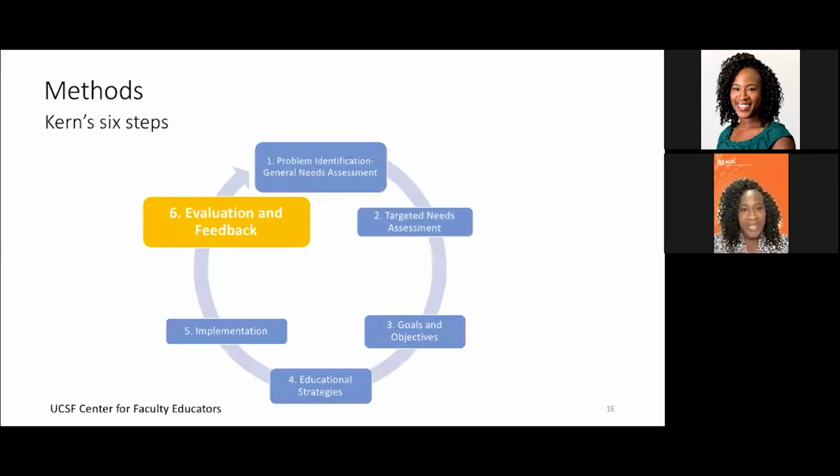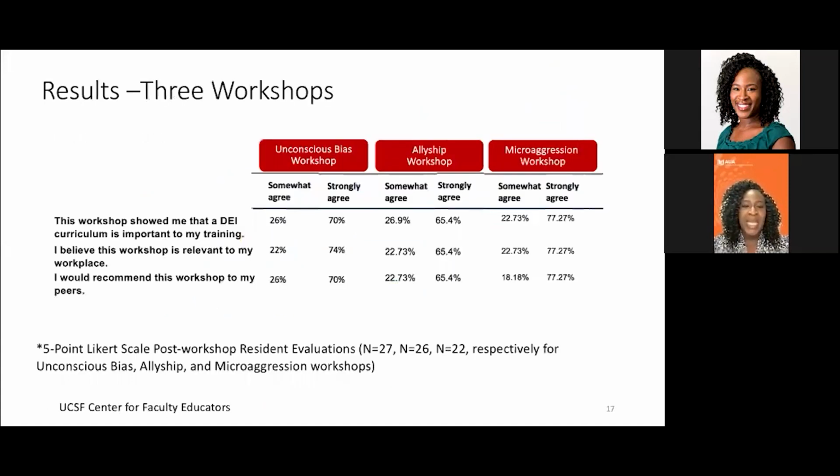So now this takes us to our sixth step within Kern's, which is evaluation and feedback. We first focused on the learner satisfaction component within Kirkpatrick's framework. To do so, we looked at the responses to different statements: that this workshop showed them a DEI curriculum was important to their training, that this workshop was relevant to their workplace, and that they would recommend it to their peers.